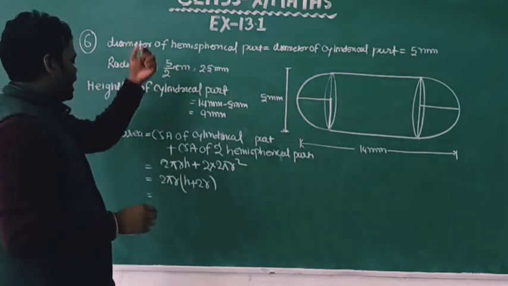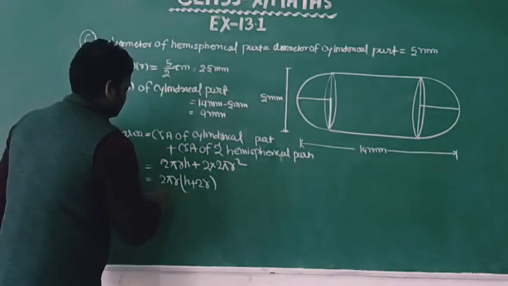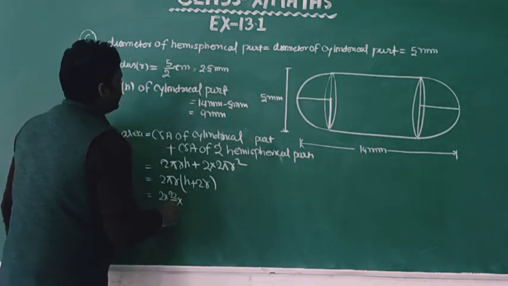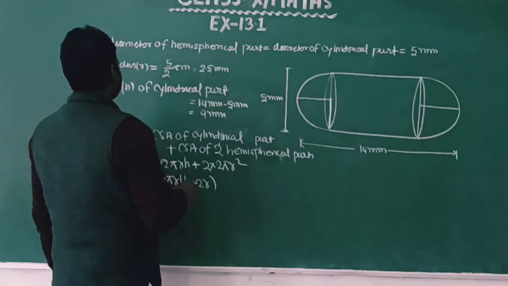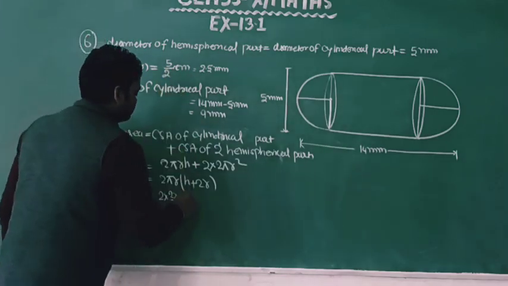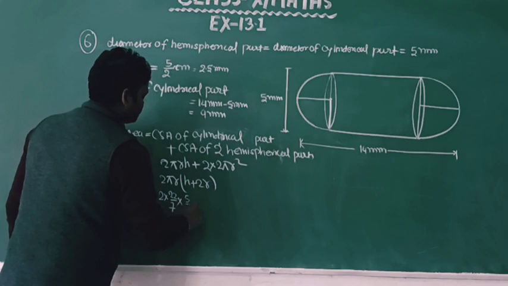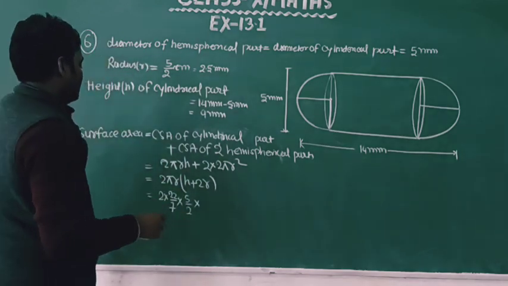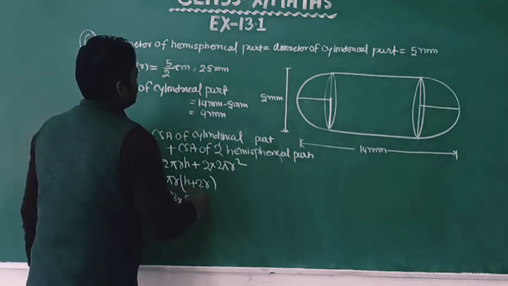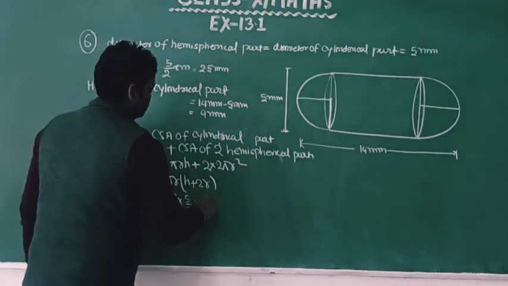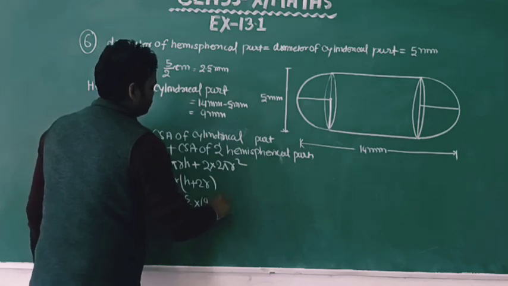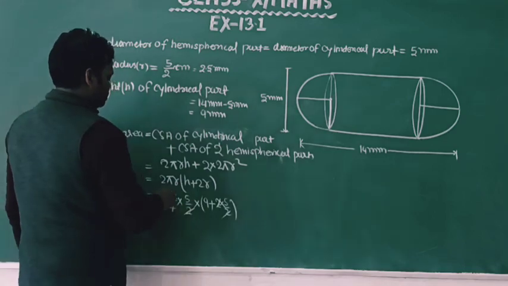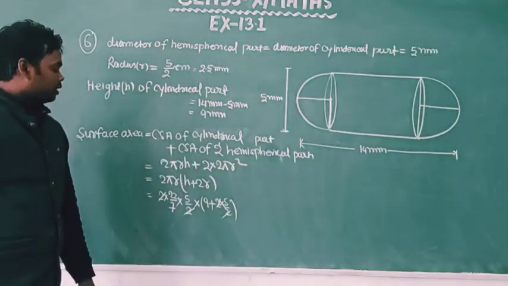Now put the values of pi, r and h. So this is 2 into 22/7 into 5/2, into bracket 9 plus 2 into 5/2. The 2s cancel out.